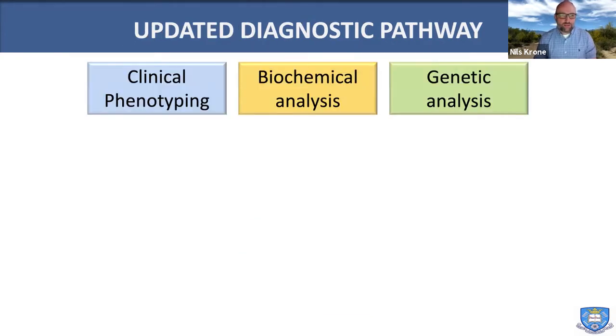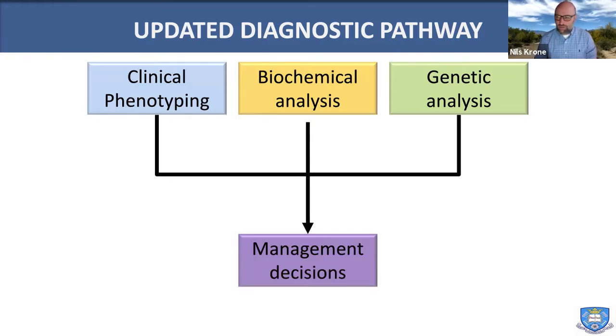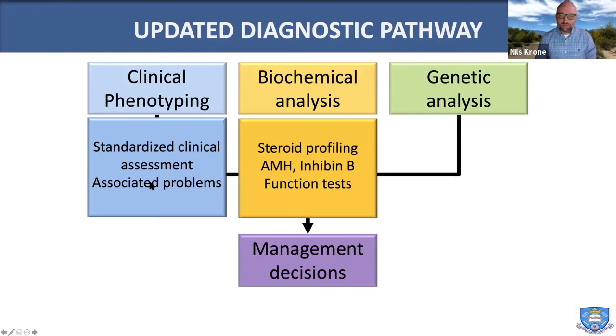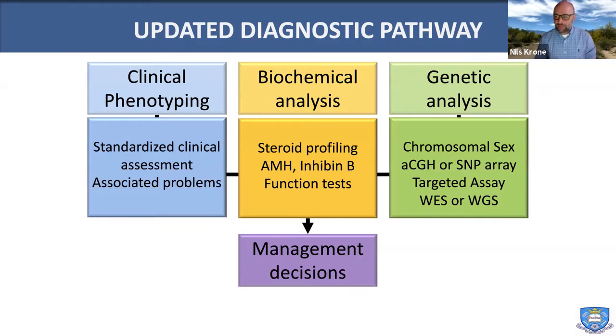So what we've done for quite a few years is do the clinical phenotyping, biochemical analysis, and genetic analysis all in parallel and try to get to a management decision. So have a standardized clinical assessment and look for associated problems, steroid profile. This is not complete, but AMH, inhibin B, and function tests potentially, but then also, depending on the presentation, chromosomal analysis, CGH analysis, targeted assays, or whole exome sequencing.